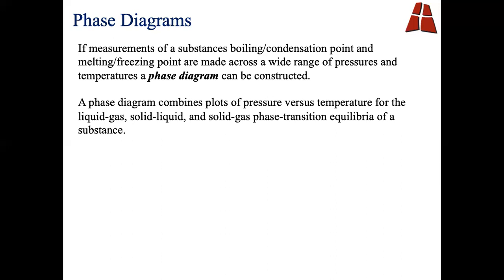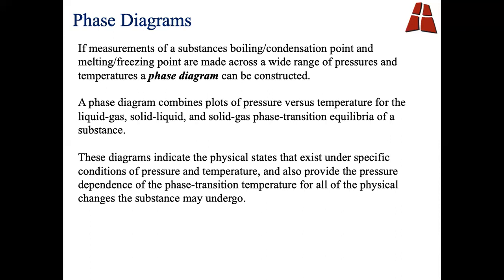So like I said, this combines data about pressures and temperatures for liquid-gas, solid-gas, phase transitions of equilibria. If you find any point on the graph, it would be at a particular temperature and a particular pressure. And this phase diagram will tell you what state of matter it would exist in under those conditions.